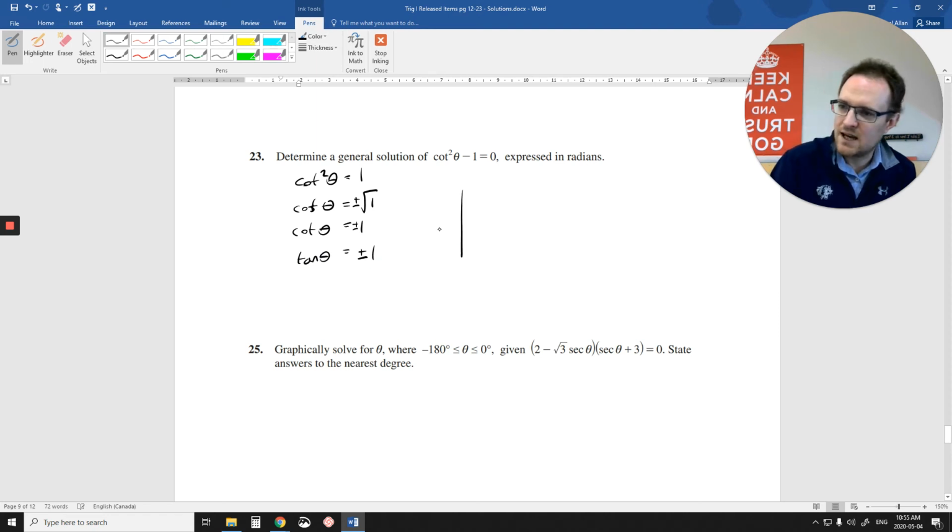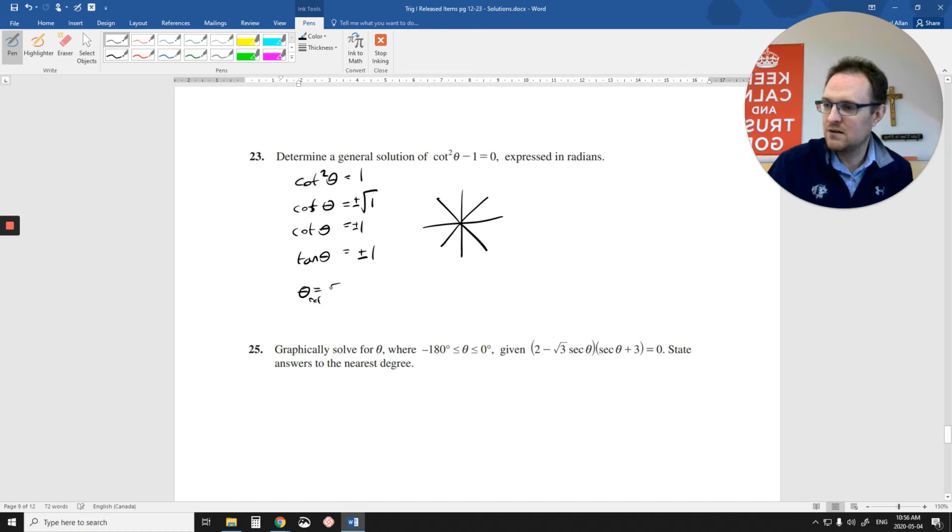So where is tan theta equal to negative 1 and positive 1? Well, it's equal to negative 1 and positive 1 in all 4 quadrants and at 45 degrees. If I do my tan inverse here, my reference angle is 45 degrees. So 45, 45, 45, and 45.